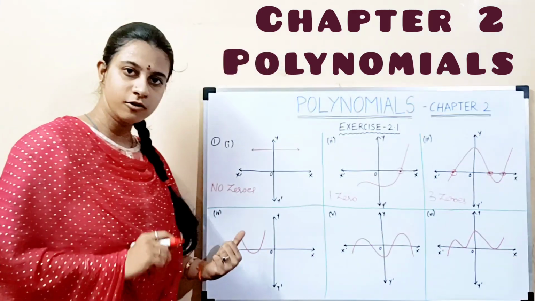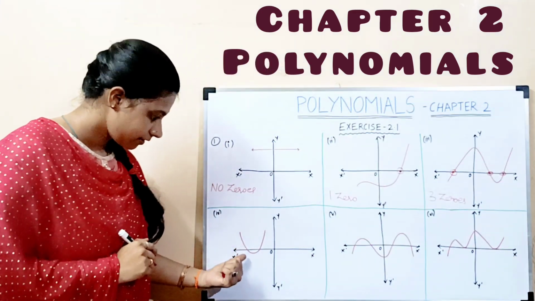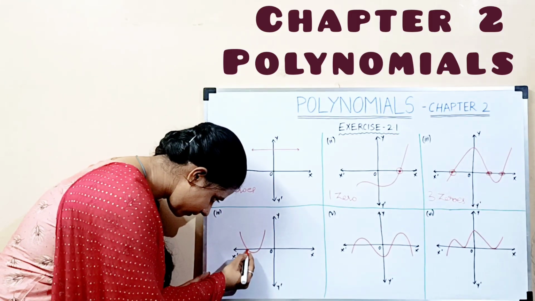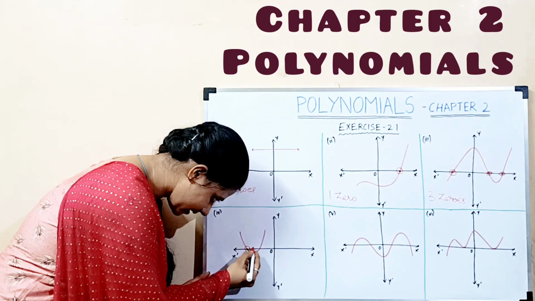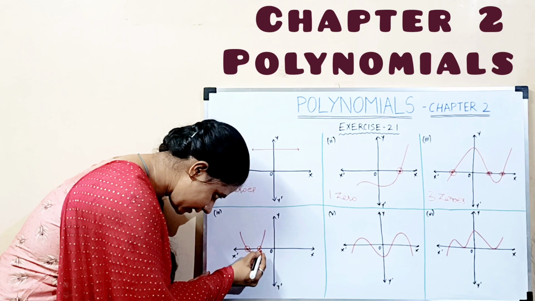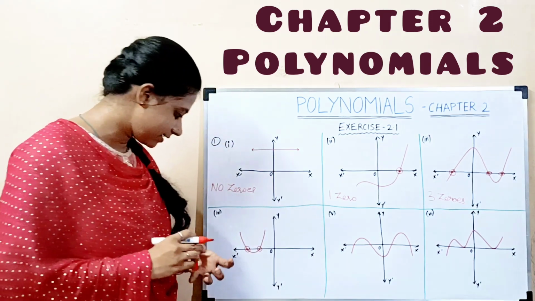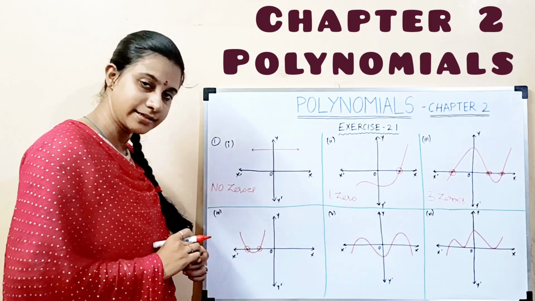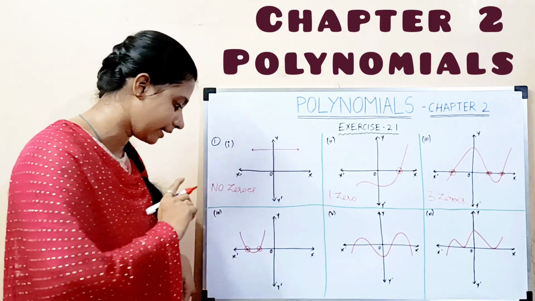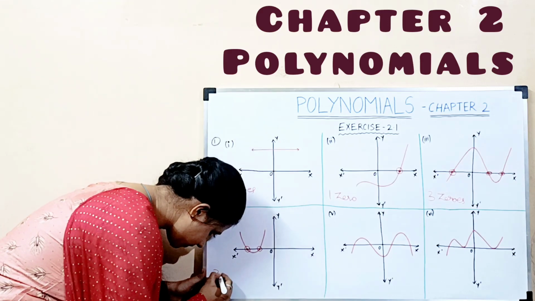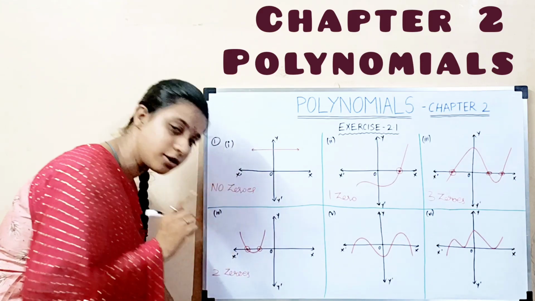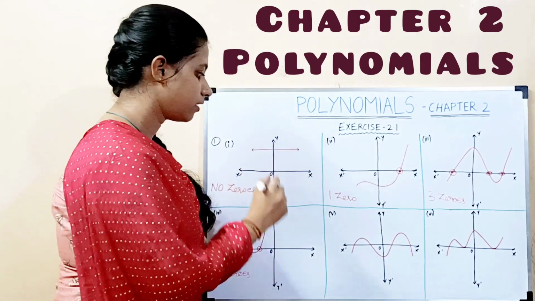Now let's see the fourth subdivision. It's clearly an upward parabola and it intersects the x-axis at two distinct points. Now we have discussed, in case 1, that the parabola intersects the x-axis at two distinct points. So it contains 2 zeros, or specifically we can say it contains two distinct zeros.